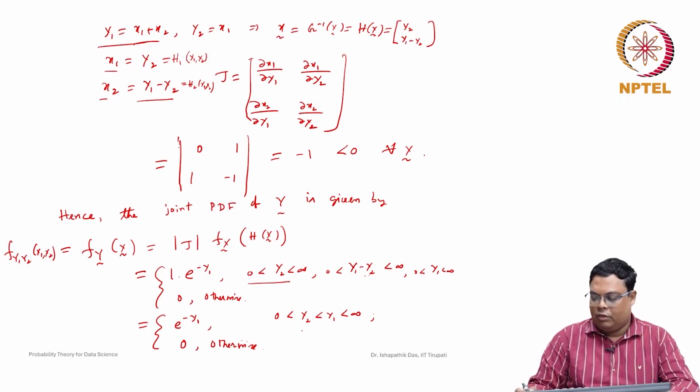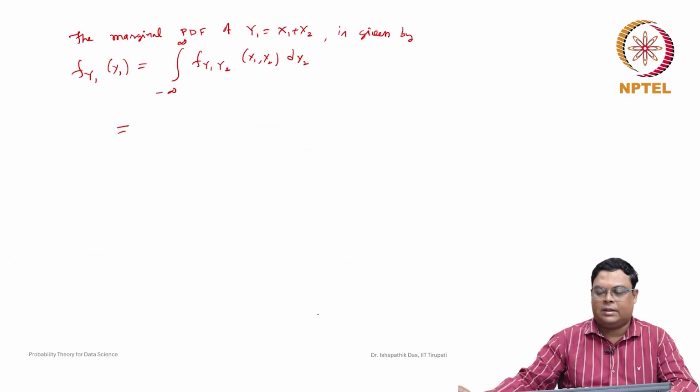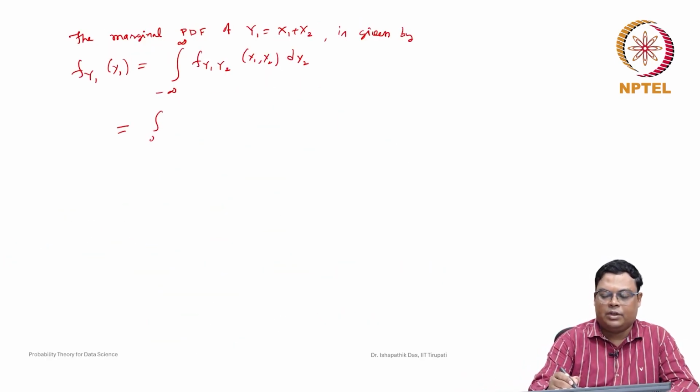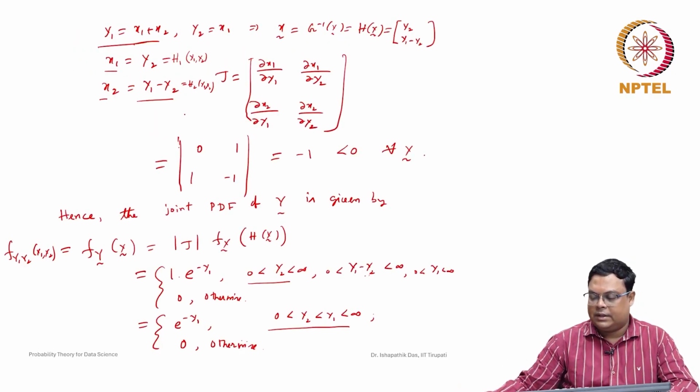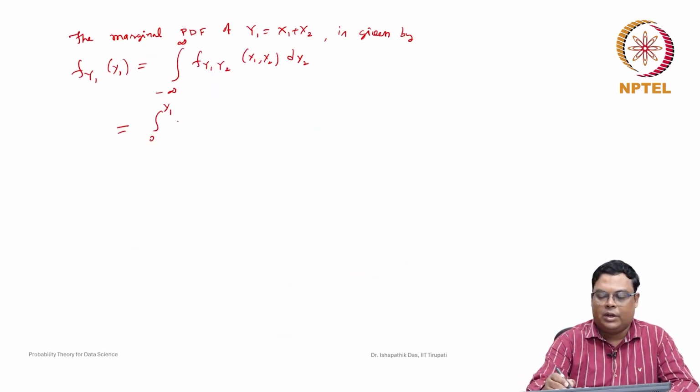Now we note that this density is non-zero only in this condition, so we have to find the range of y2 where it is non-zero, because we are integrating with respect to y2. The range of y2 here is between 0 and y1. So this is equal to the integral from 0 to y1 of e to the power of minus y1 dy2, otherwise the value will be 0.